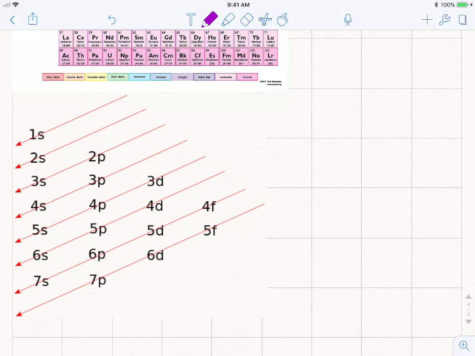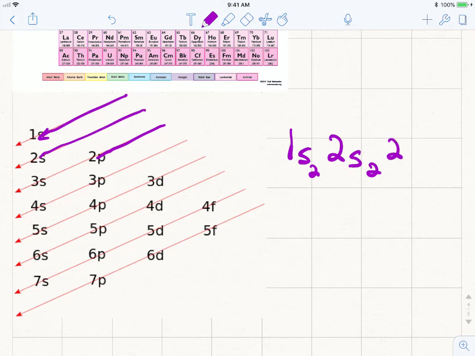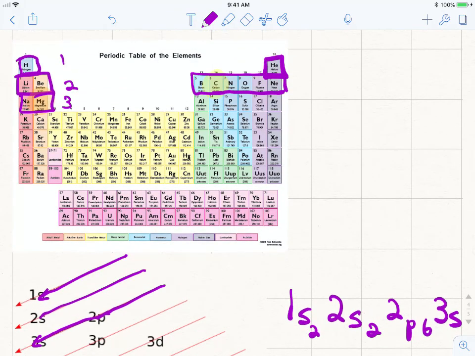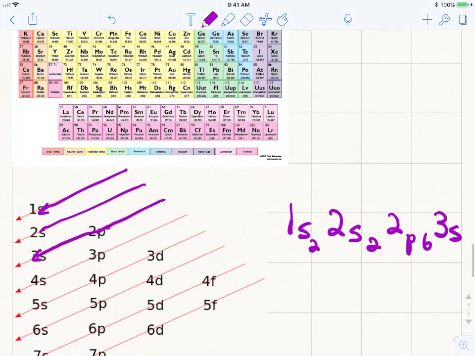We're going to start off with 1s2, because that gets filled this way. We're going to come this way, 2s2, which gets filled. We're going to fill our 2p with 6, and we're going to keep going to our 3s. Well, once we're in our 3s, we're only going to put 2 electrons in it, just like that.